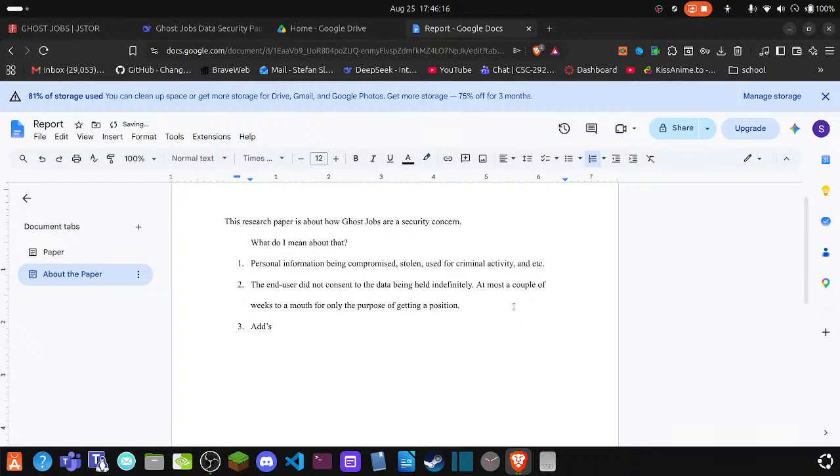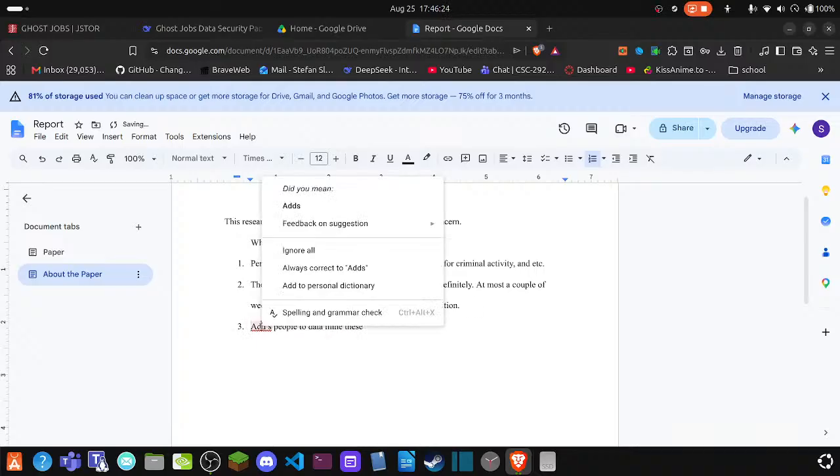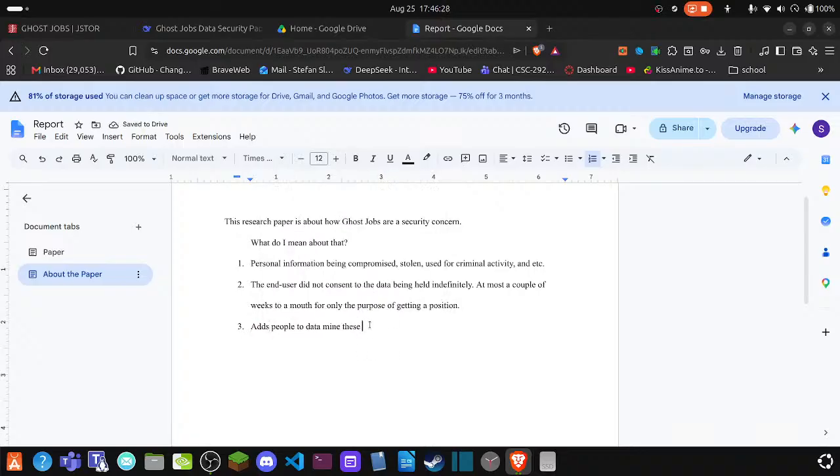People could take all of the information and use that for profit, i.e. data mining, criminal, or other avenues.